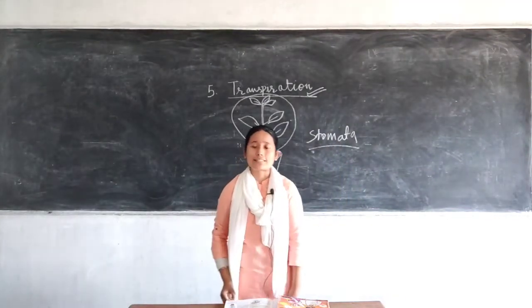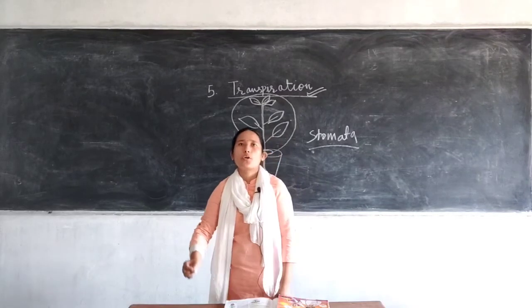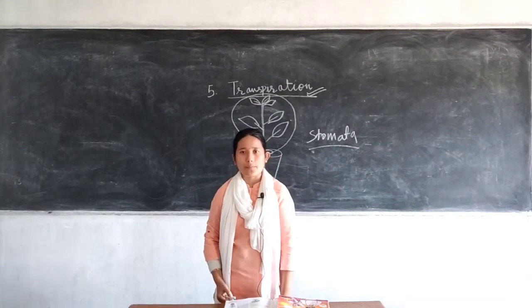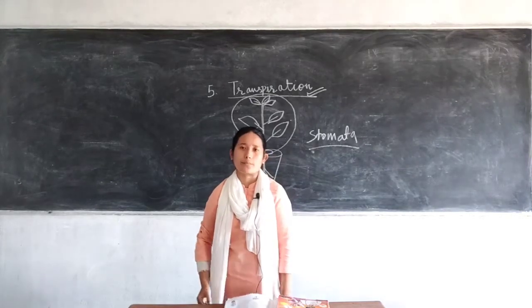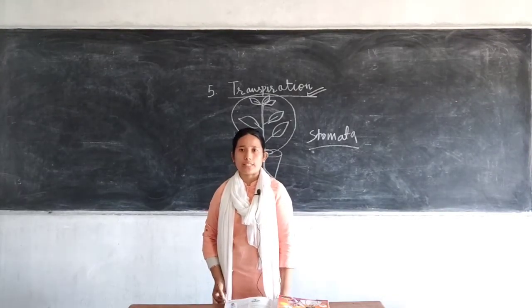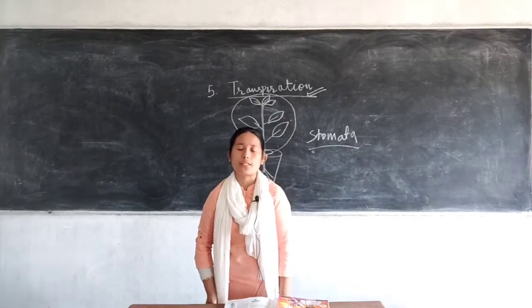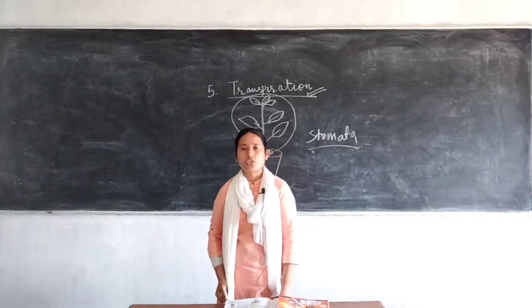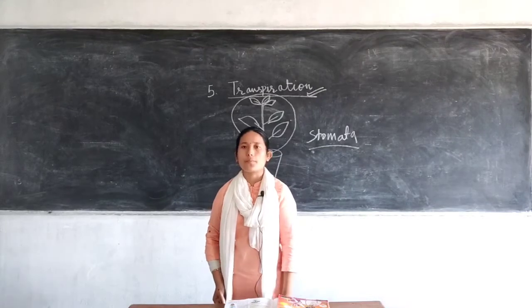In this chapter, the most commonly asked questions are from the experiments, very simple experiments that we will be discussing today. Majorly the question is asked from these particular experiments.